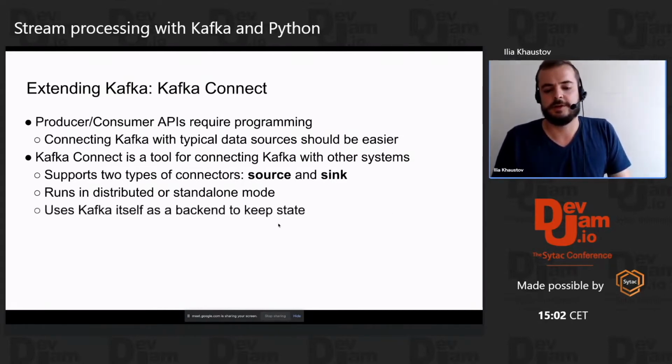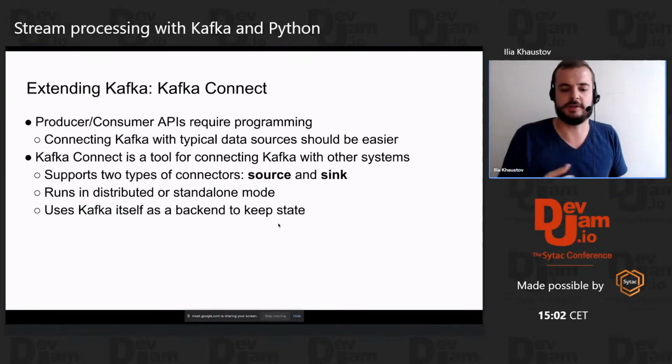And the good part is that it uses Kafka itself. So if you stop your Kafka Connect worker, then you run it again, it will just continue from the point where you stopped.